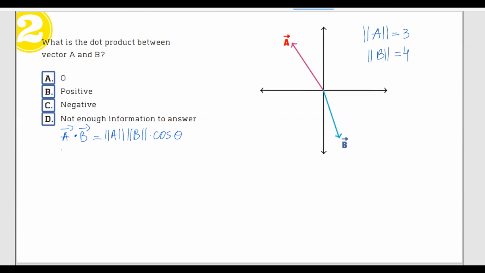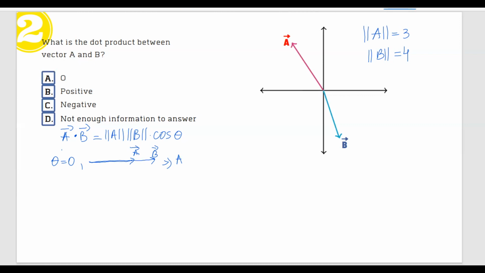Let's say theta equals 0. In other words, vector A is collinear and in the same direction as vector B. The angle between them is 0. What does that mean?